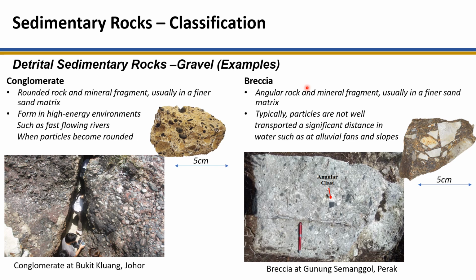Unlike conglomerate, breccia typically forms in low energy environments such as alluvial fans and slopes. These environments are characterized by rapid deposition of sediment, which does not allow the clasts or particles to be transported by traction, suspension, or saltation, or to be rounded by the action of water and wind.